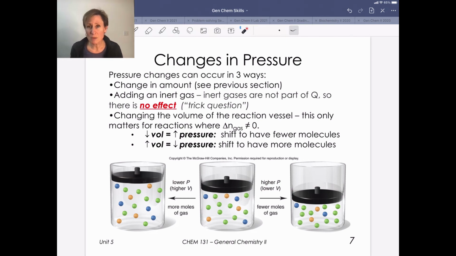If you have equal numbers of gas molecules on both sides, pressure and volume changes will have no effect. So lots of qualitative questions that you'll see that allow us to think about shifting equilibrium with pressure, volume, temperature, and quantity. Wow, those are all the things that are in PV equals nRT, right? So all of this is really related to gas equilibria.